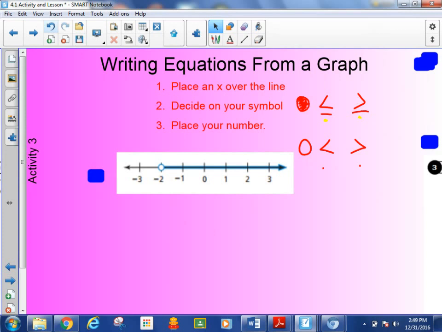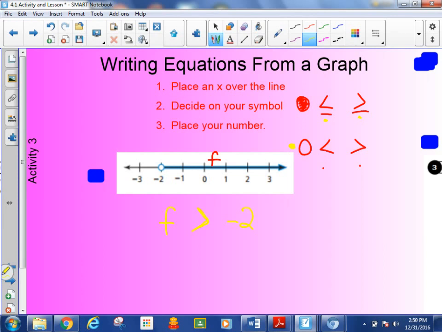Okay, so we'll use F this time. So I've got F, and I have -2. I know those are going to be involved in that. And then I know it's an open circle, so I'm picking one of these two symbols. And F is to the right of that number, which means it's bigger. It's the one that's getting eaten.